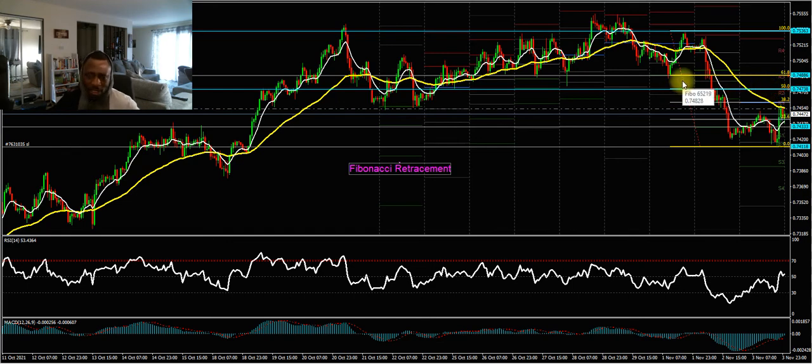So once again, for a recap, Fibonacci retracement can be used to determine your entry price, and it can also be used to determine your target profit. And it could also be used to determine your stop loss, because Fibonacci retracement actually is a sophisticated tool that is a pattern towards support and resistance zone.